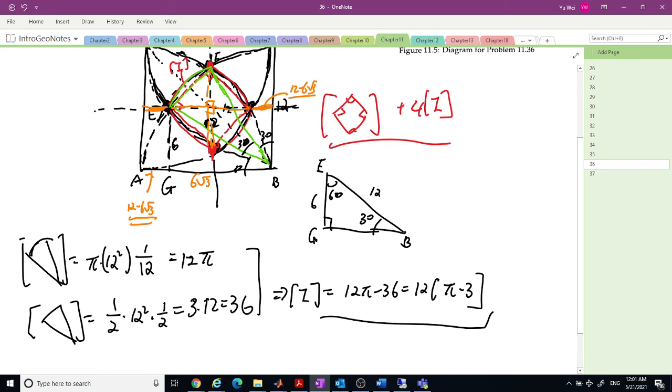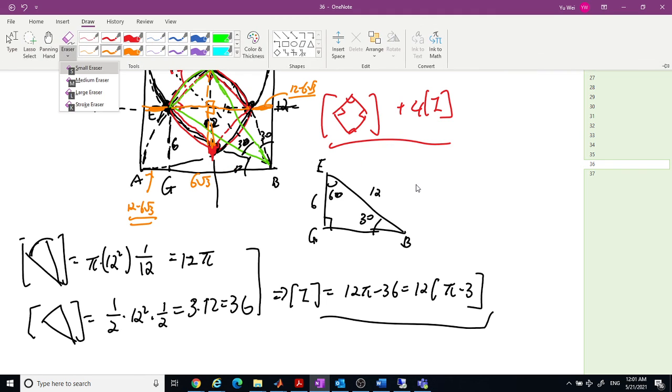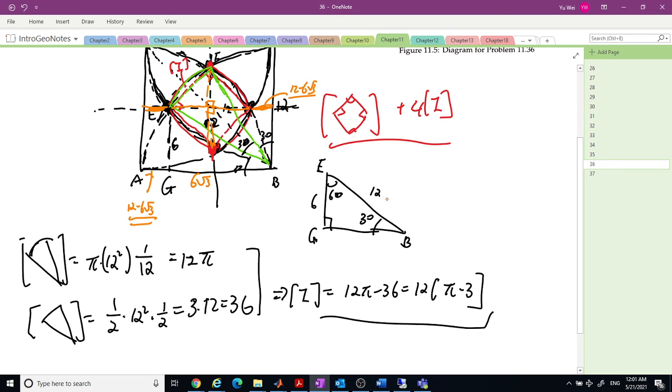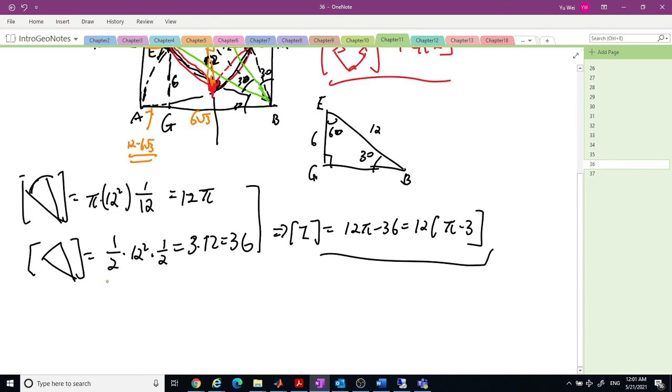Then you can calculate the middle one, right? So you can use 12 minus these 2. So I can use 12 minus 2 times (12 minus 6 root 3), which is equal to 12 root 3 minus 12, which is 12 times (root 3 minus 1), right?